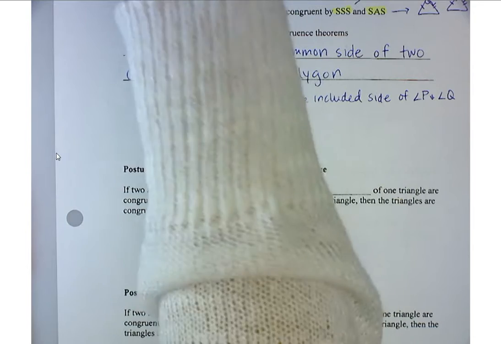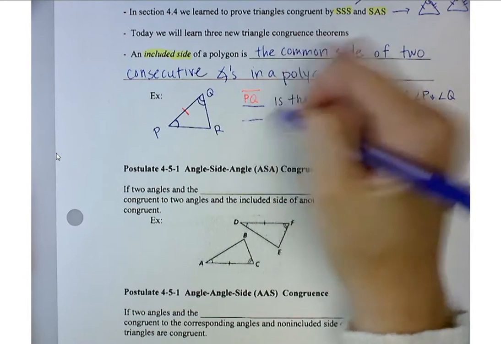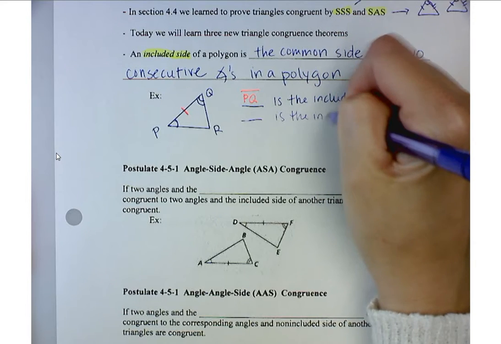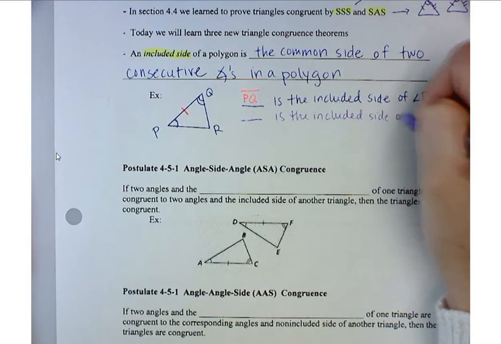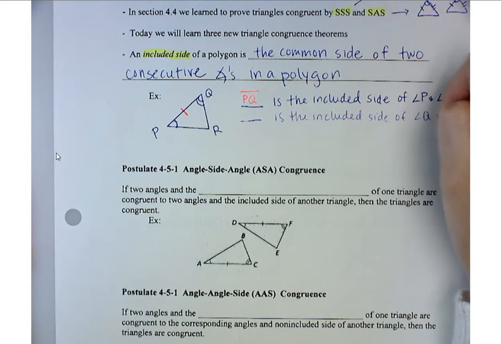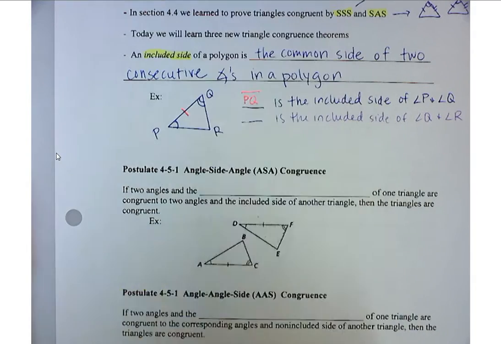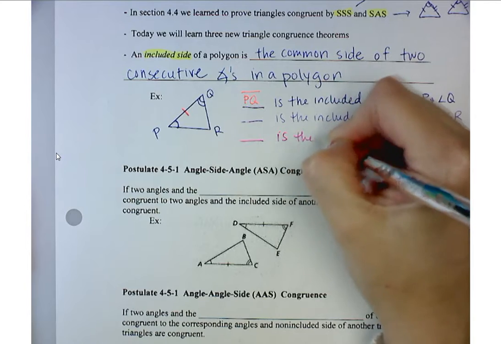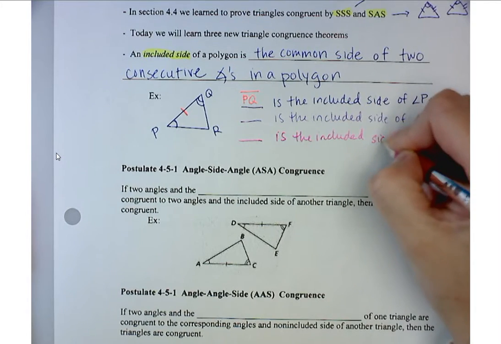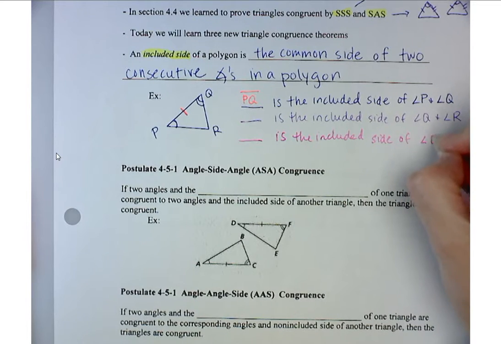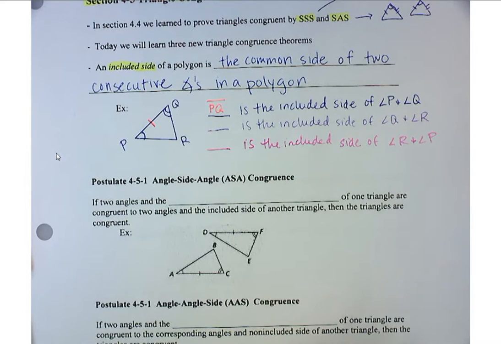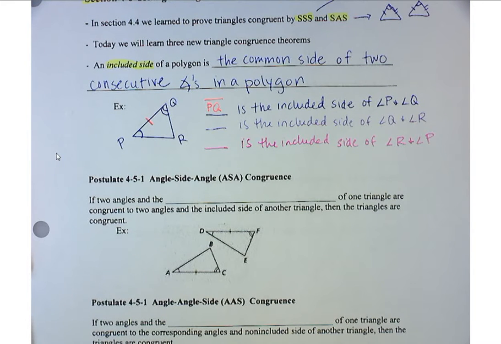All right, let's try another one. Blank is the included side of angle Q and angle R, and blank is the included side of angle R and angle P. Okay, so Rachel, what is the included side of Q and R?